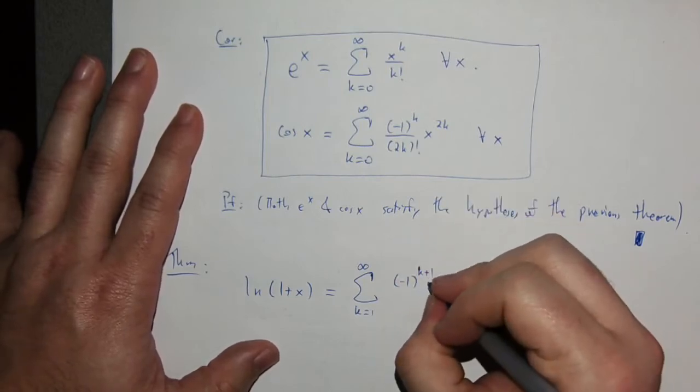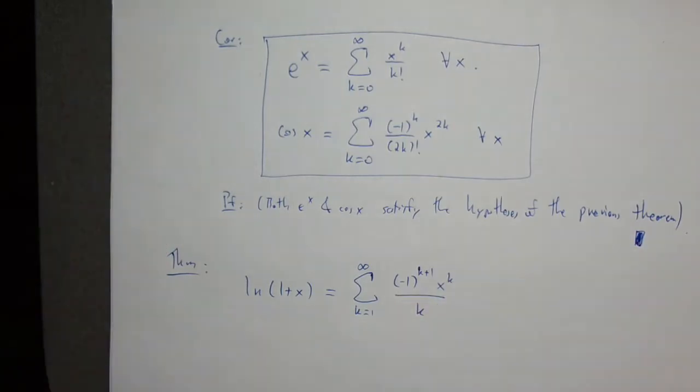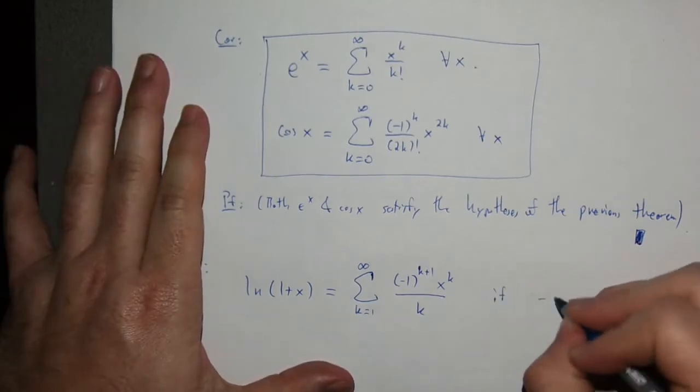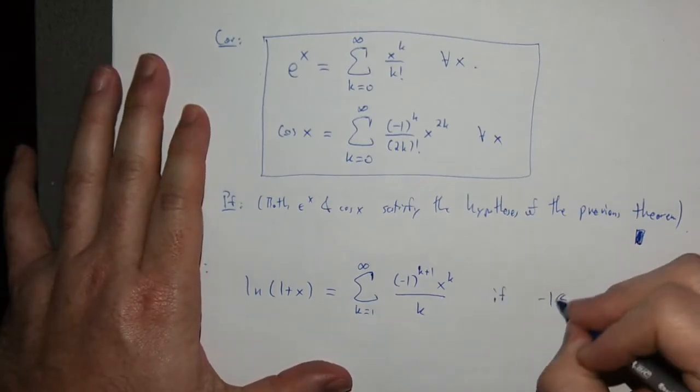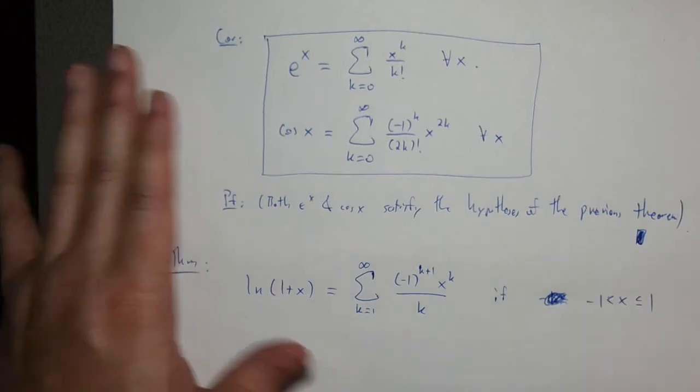So this is minus 1 to the k plus 1 times x to the k, all over k. And this one does, of course, have a finite window. So this is from minus 1 to 1.